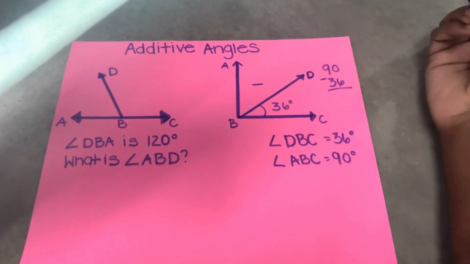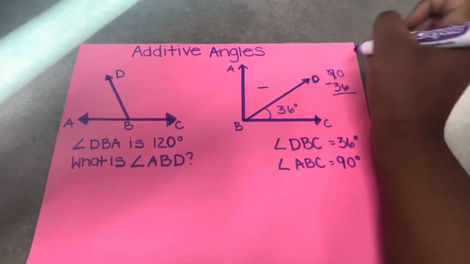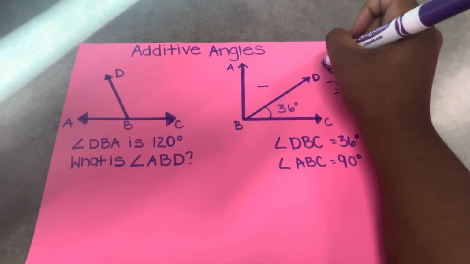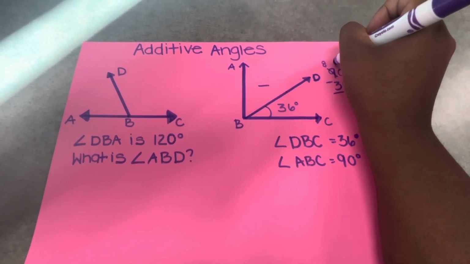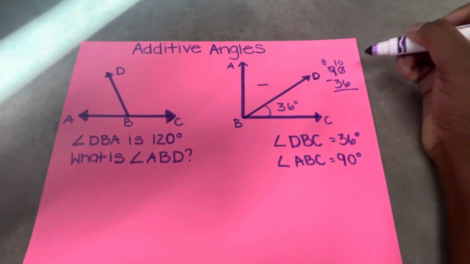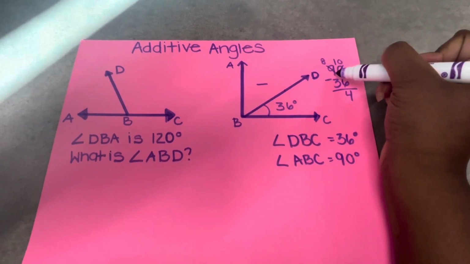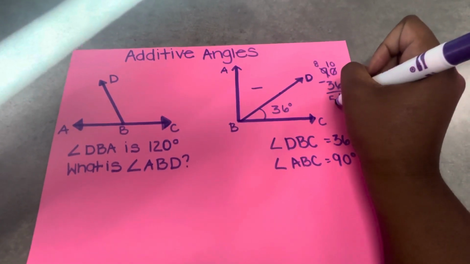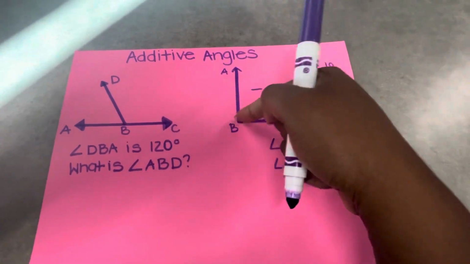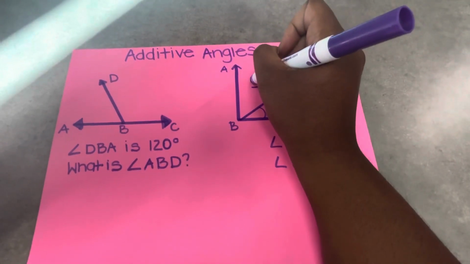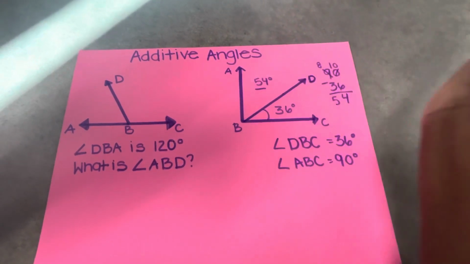Now, 0 minus 6, I can't do, so I'm going to regroup. That 9 is going to turn into an 8, and 0 will turn into 10. 10 minus 6 is 4, and last, 8 minus 3 is 5. So this angle, angle ABD, is 54 degrees.